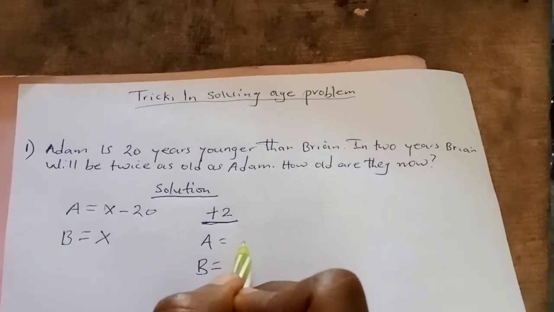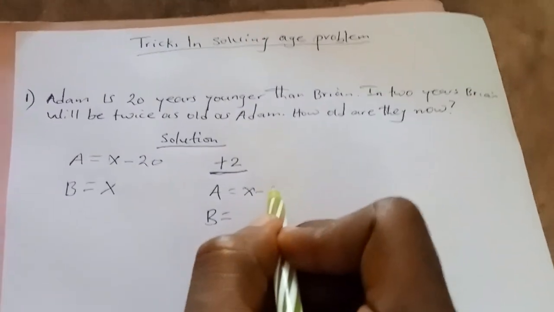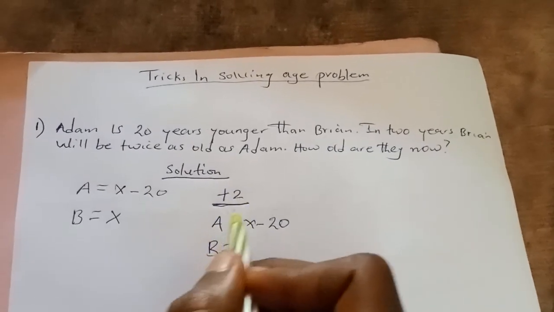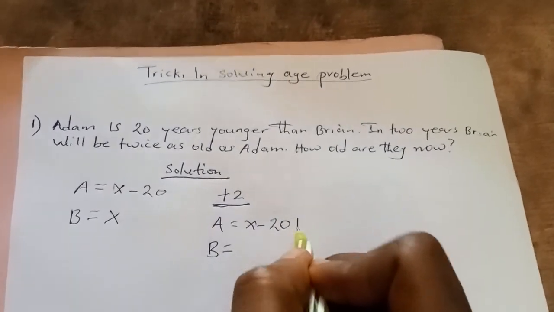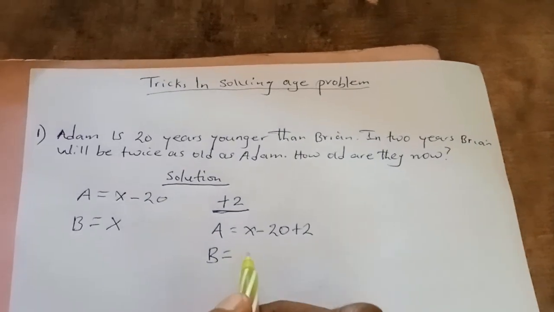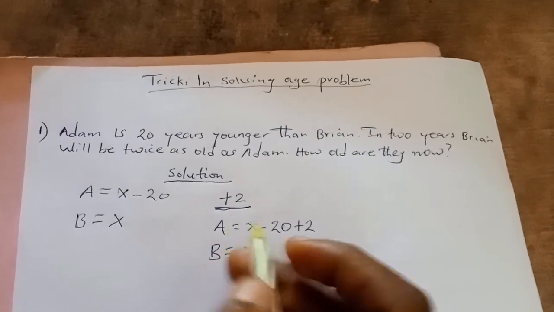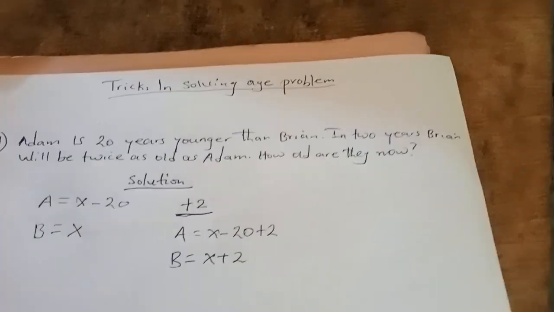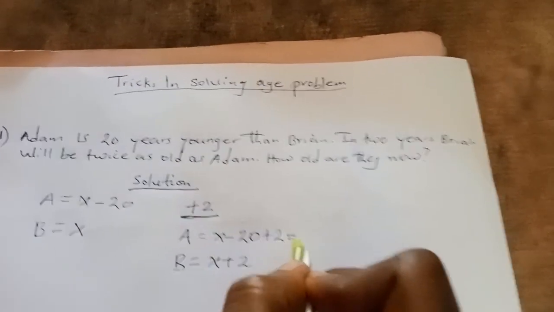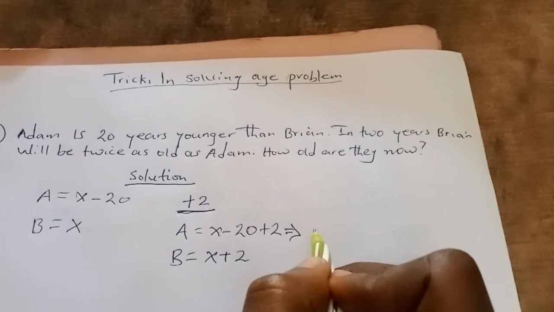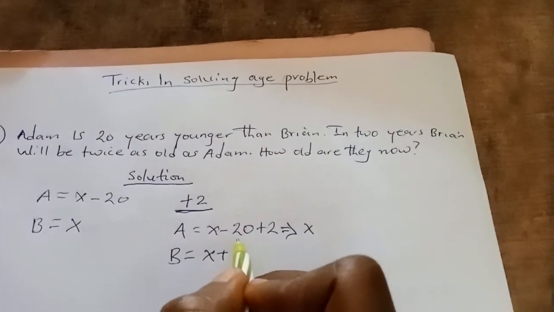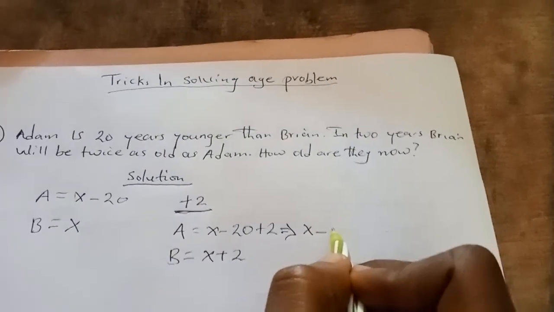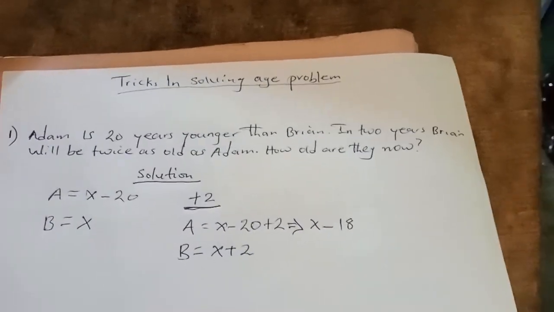Adam is X minus 20, then we are going to add 2 to their ages, so we say plus 2. And Brian is X, since in 2 years time we add 2 to Brian's age. And Adam's age can be further simplified as X, negative 20 plus 2 will give us negative 18.